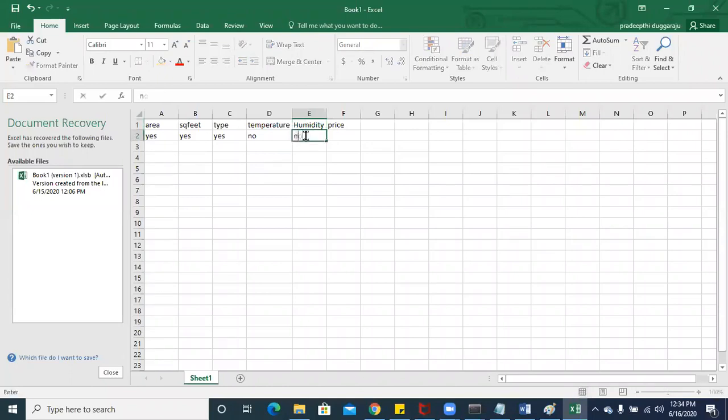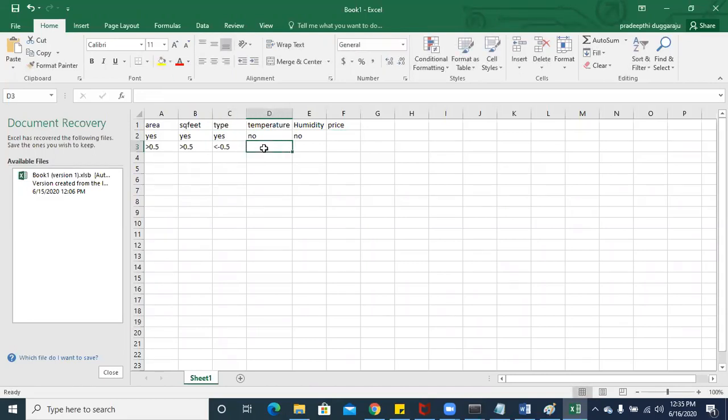Not needed. So whenever you see this tips.corr, the correlation value between area and price will be greater than 0.5. The correlation between square feet and price will be greater than 0.5. If type and price are negatively correlated, then the value will be less than minus 0.5.